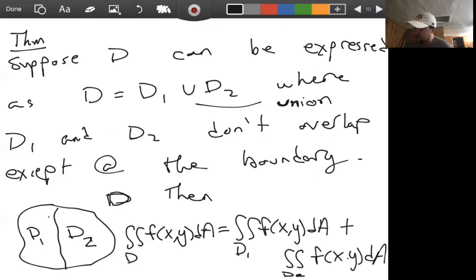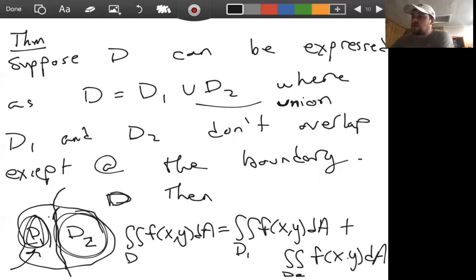And here's where this theorem serves useful, is when, if you have a region D, well, maybe if you split this region in half somewhere, maybe it's more convenient to solve the integral over D1 as a type 1, and then over D2 as type 2, or vice versa, or something like this.